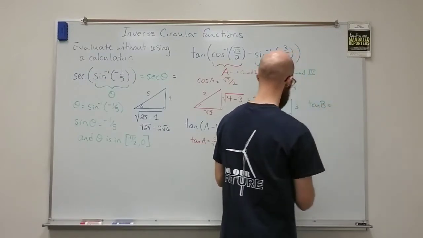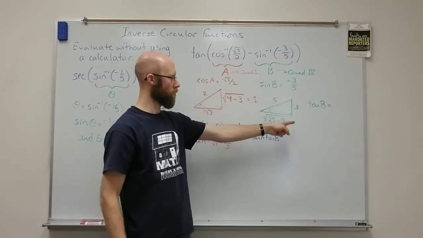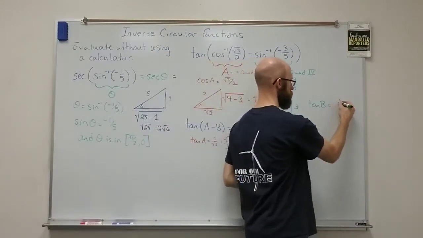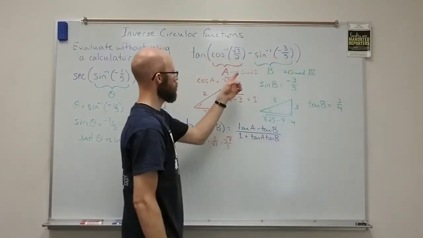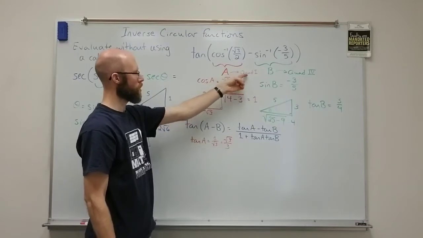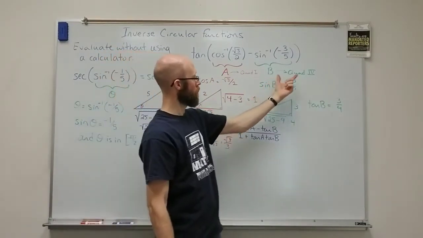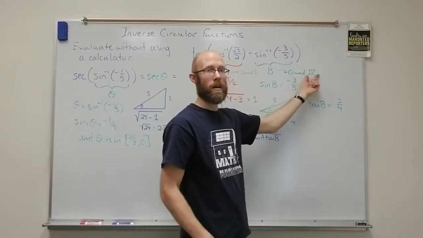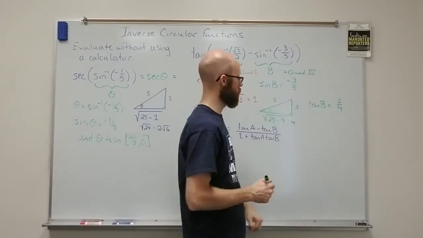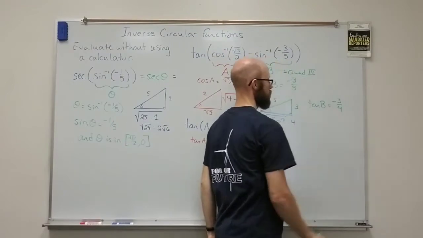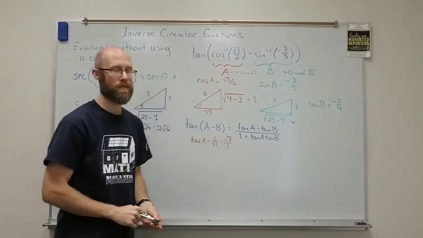Tangent of B, again, it's opposite over adjacent, so it's 3/4. But remember, A is in quadrant 1, which makes this positive, that's fine, tangent's positive there. But B is in quadrant 4, tangent is negative in quadrant 4. So we want that to be a negative 3/4.